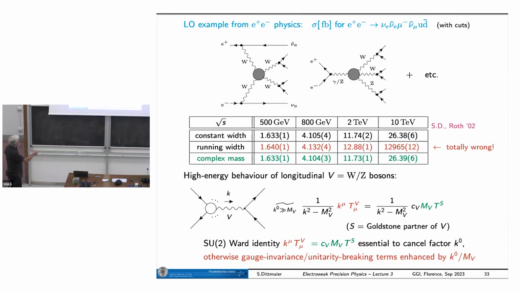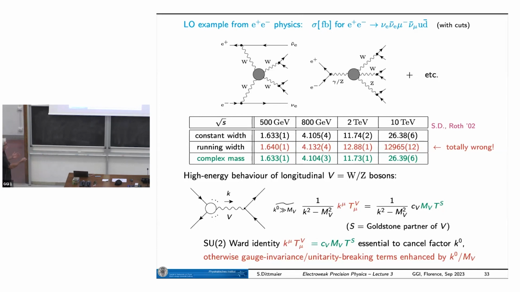For the lowest energies, the problems are not yet building up, but in the TeV range, you get something of the order of 13,000. What is it? Picobarn, femtobarn, where you expect actually something like 26. So this blow up just comes from this wrong k-squared factor in the off-shell region.